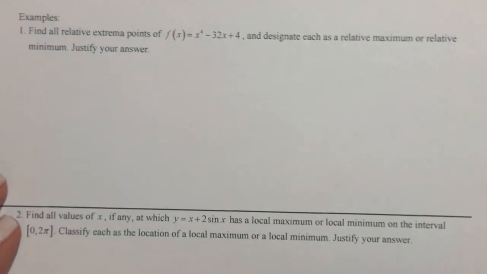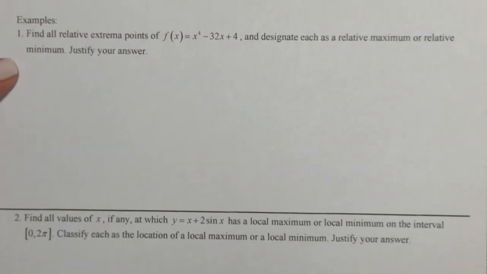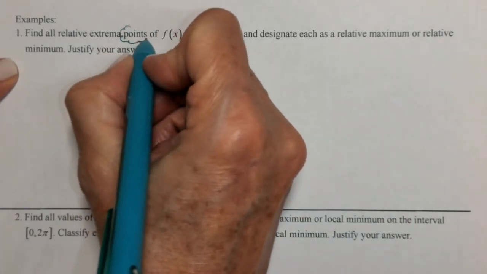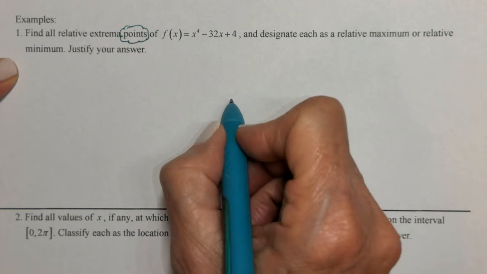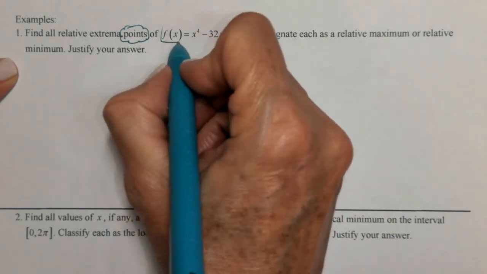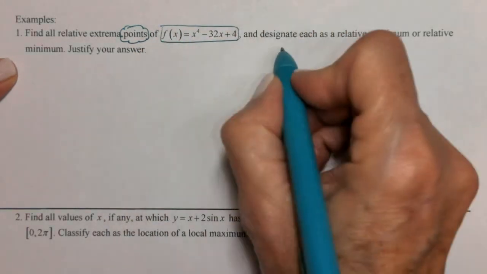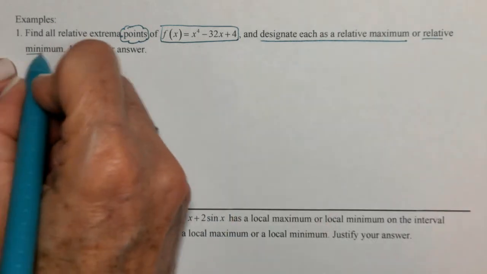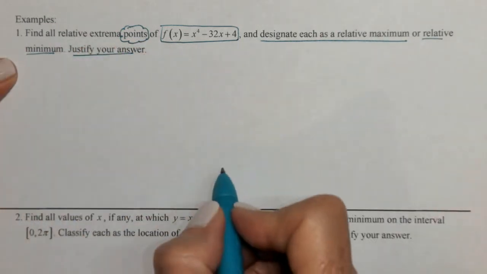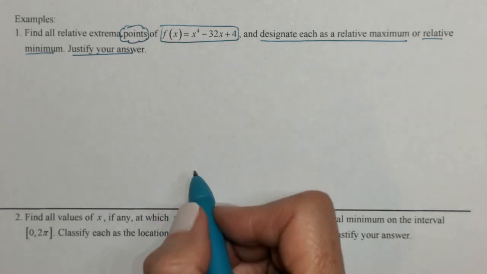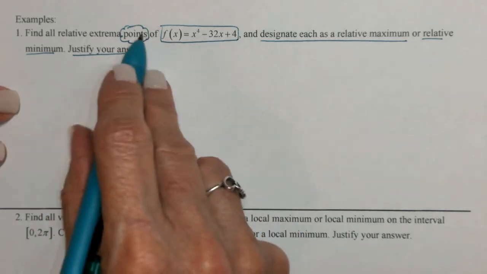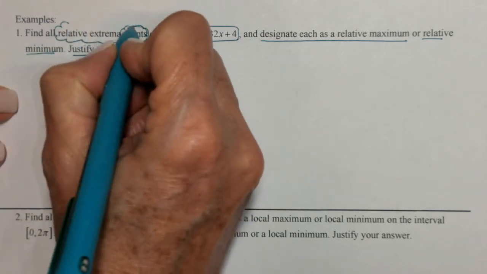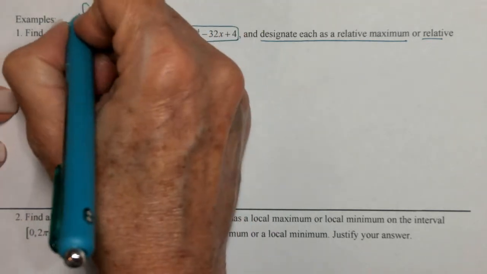All right. Let's look at some examples. Find all relative extrema points. They're points, so we're going to have to find points of this function and designate each as a relative maximum or a relative minimum, and we're going to justify our answers. So relative extrema, when I see that, I know I need to find the derivative.